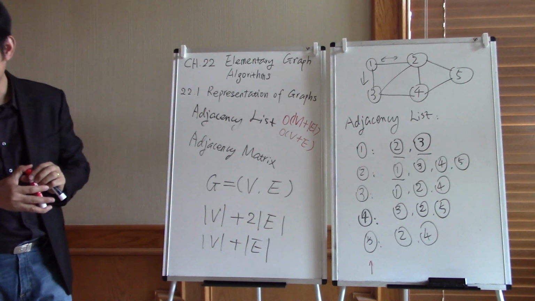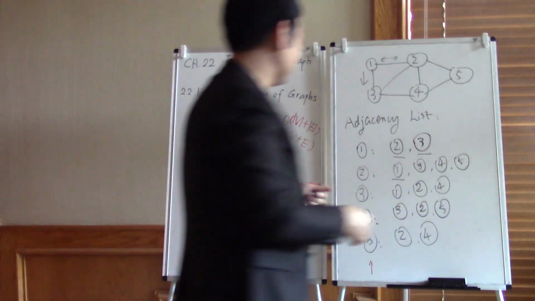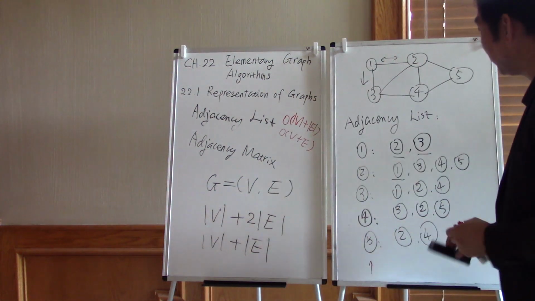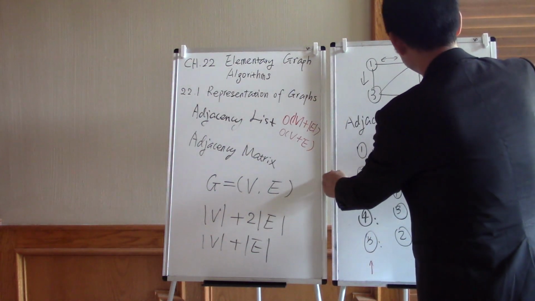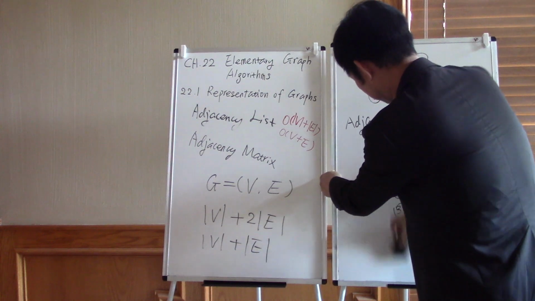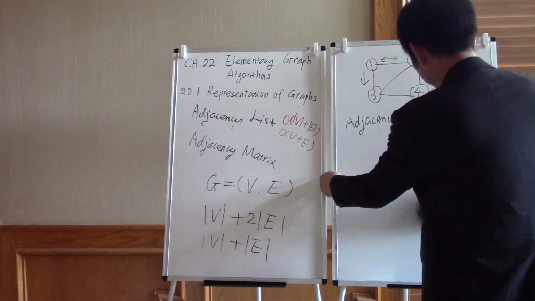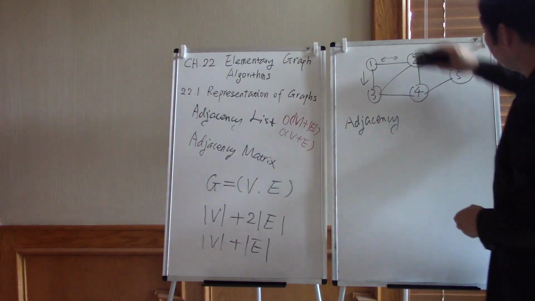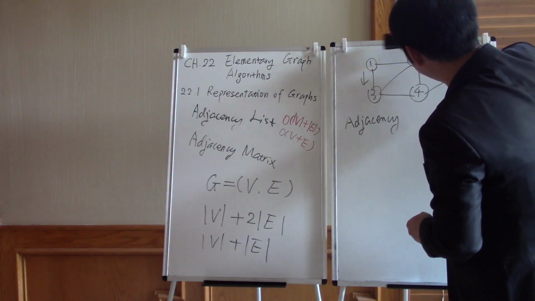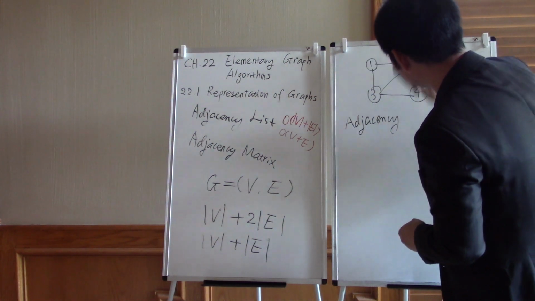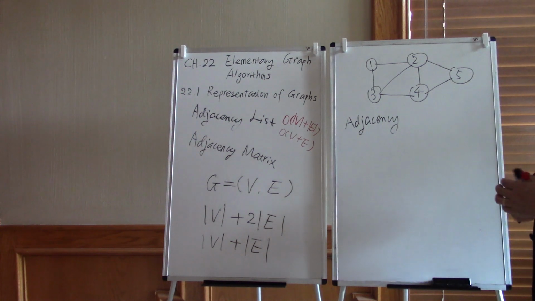Now let's take a look at another example, for the adjacent matrix. Let's modify this graph a little bit to get a directed graph.